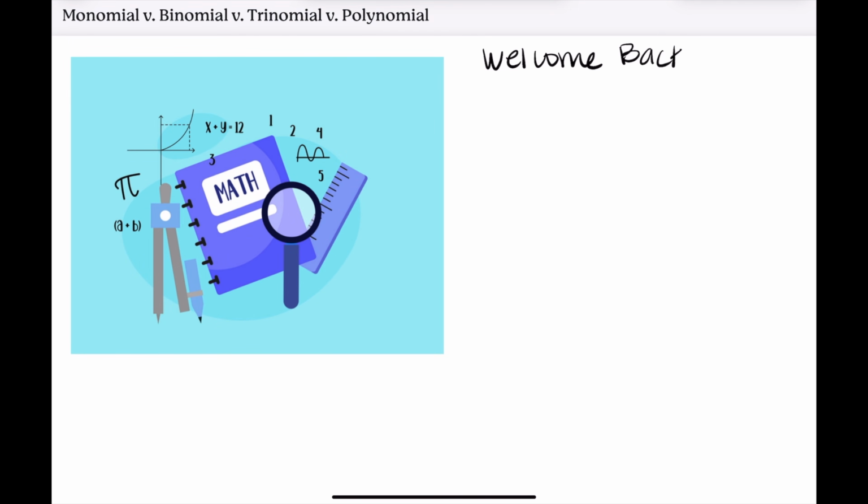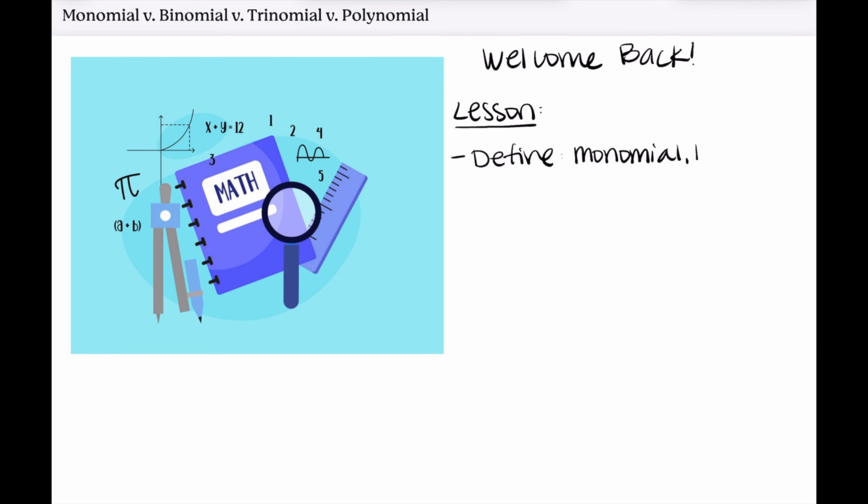In today's video, we're going to compare the similarities and differences between a monomial, a binomial, a trinomial, and a polynomial. So for our lesson breakdown for today, first off, we're going to define all of these terms. So we will define what a monomial is, a binomial, a trinomial, and a polynomial.